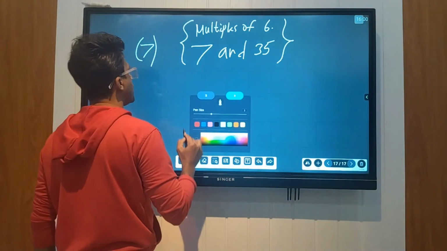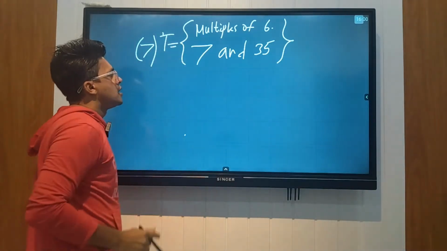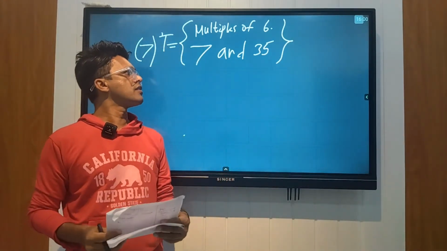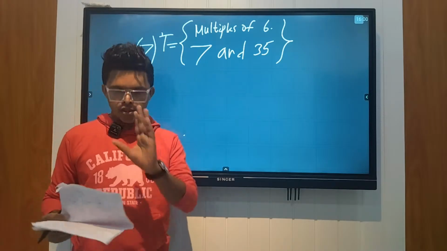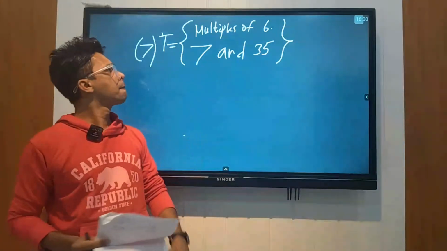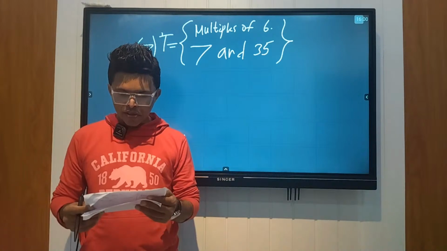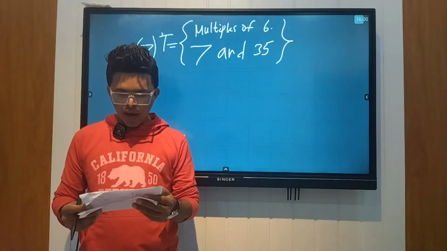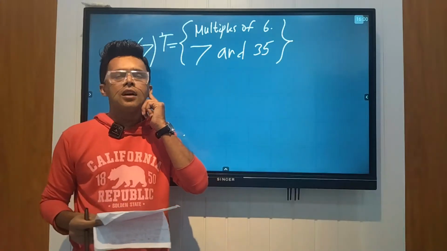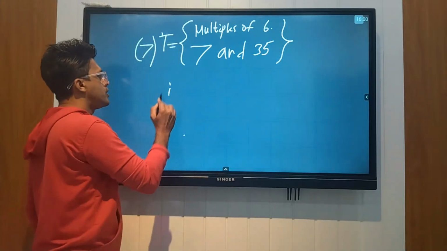I will name this one as the set T: multiples of 6 between 7 and 35. Considering the common property, the set T has been written here. The first question, you need to write all the elements of the set T.